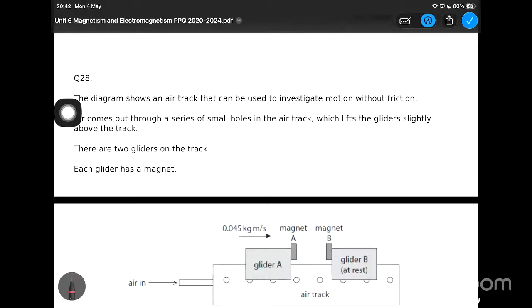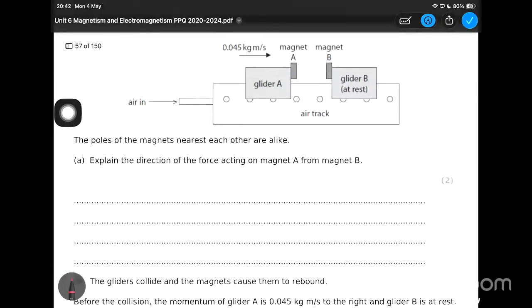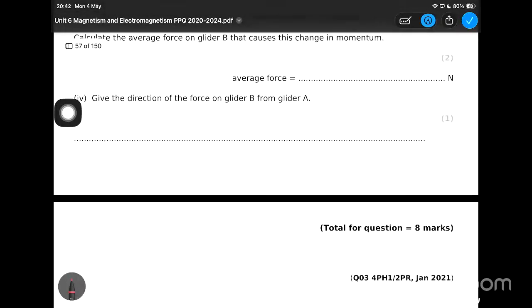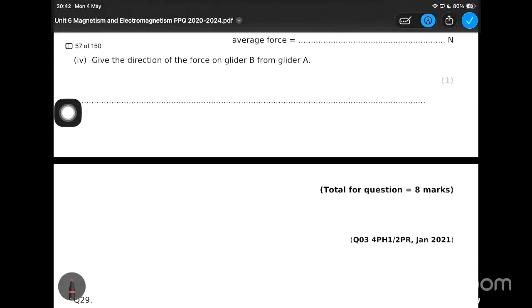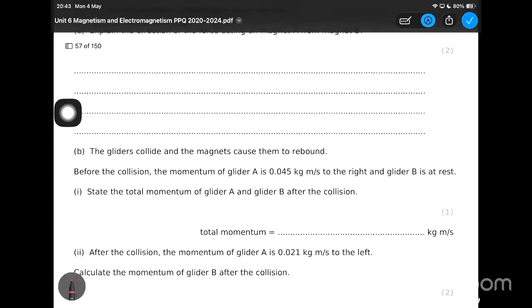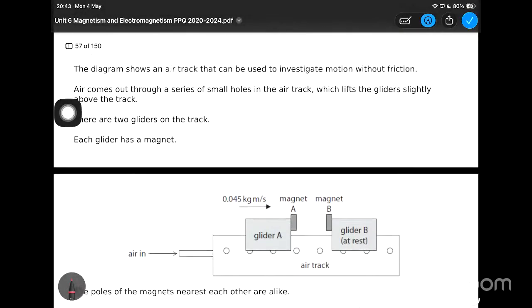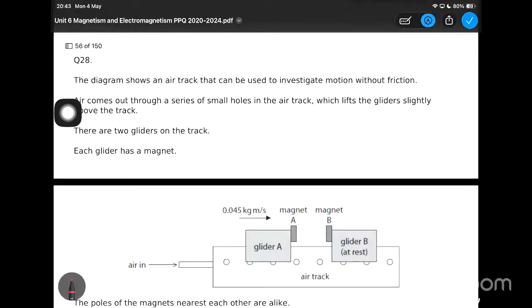I will give you a few more minutes. If you haven't completed, you can give it a try, right? This question is from 2021, 2PR. Question number 28. I'll give you 5 minutes, and if you have finished, then we'll discuss it.